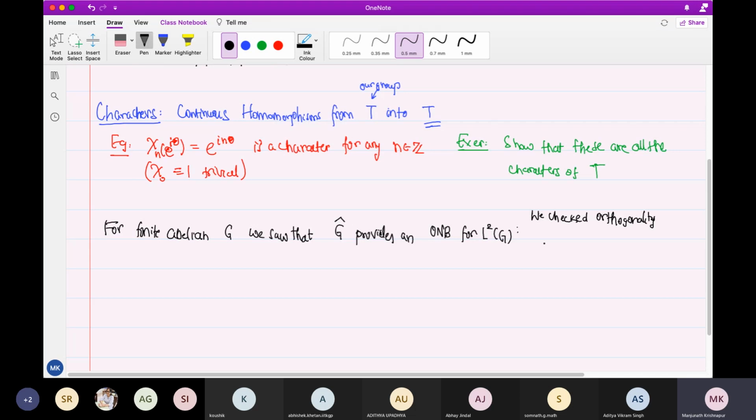And then we also saw that the cardinality of G hat is the same as the cardinality of G. Hence, by dimension considerations, G hat forms an orthonormal basis. Orthogonality was already checked, and the dimension considerations did it.